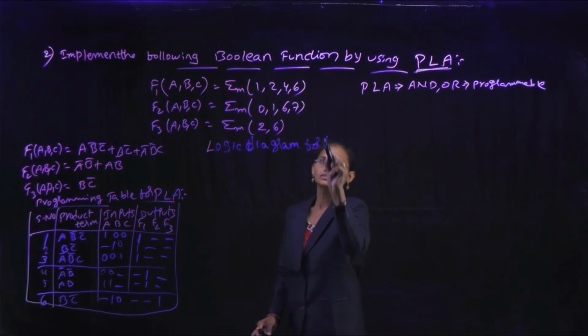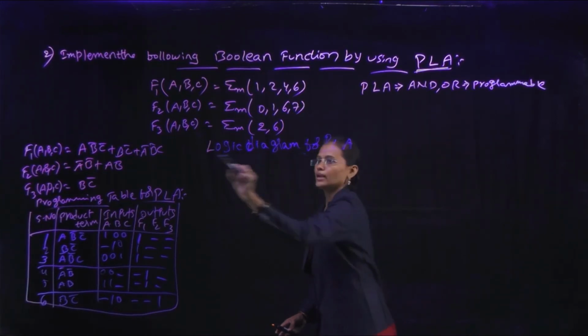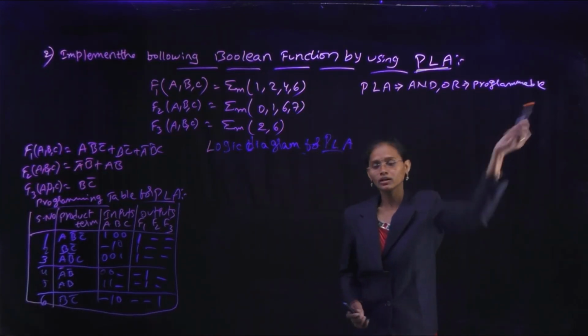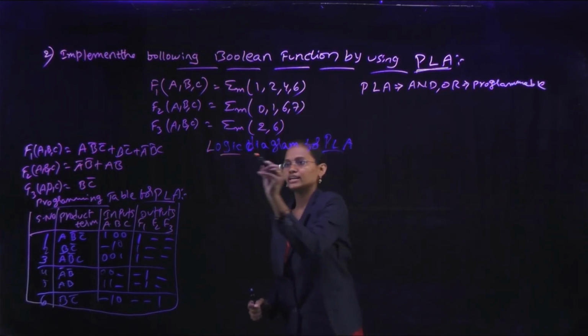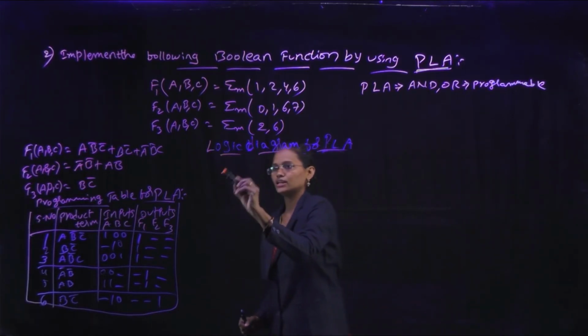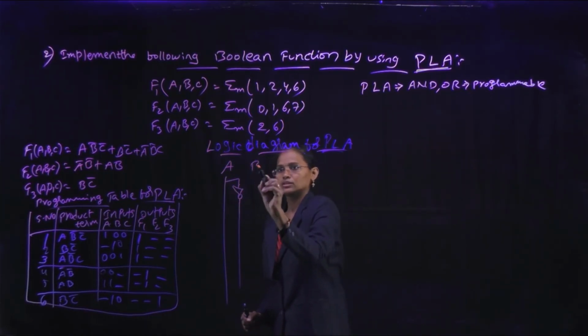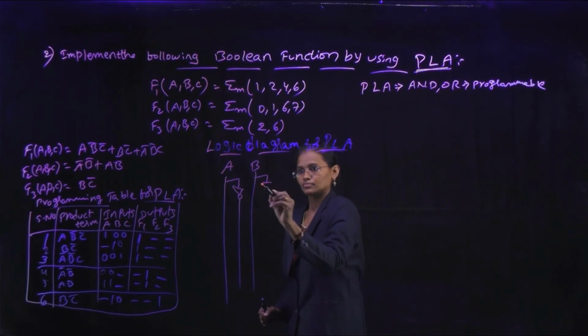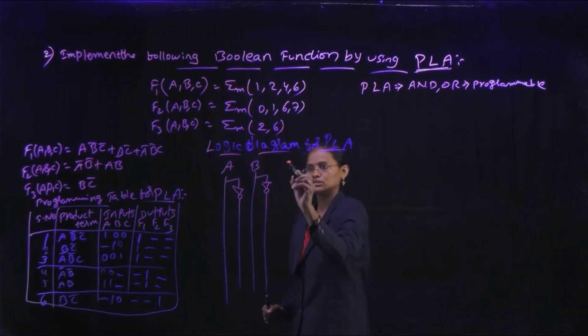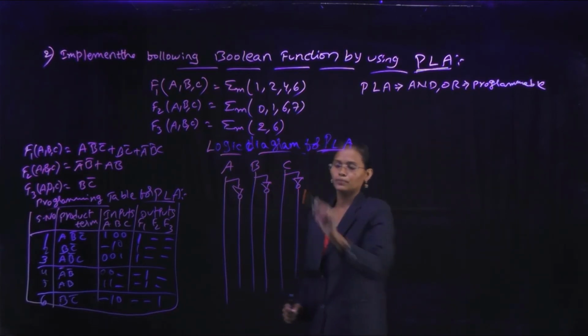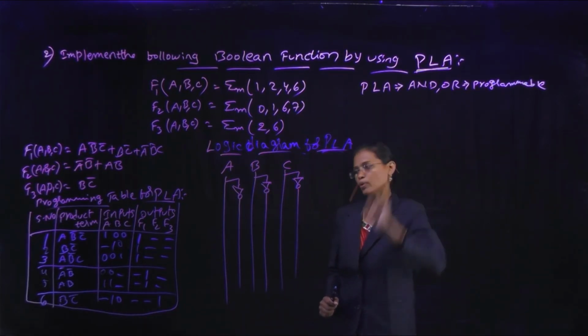Logic diagram for PLA. In PLA, both are programmable. Okay, here the inputs are A, B, C. A bar is there, so we draw the NOT gate. These are the inputs. Here, AND gates are programmable.